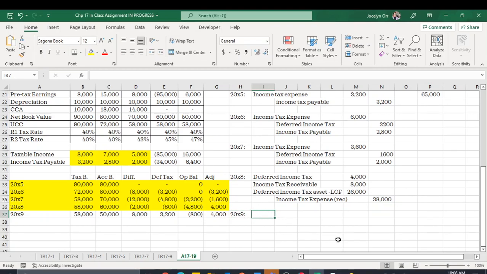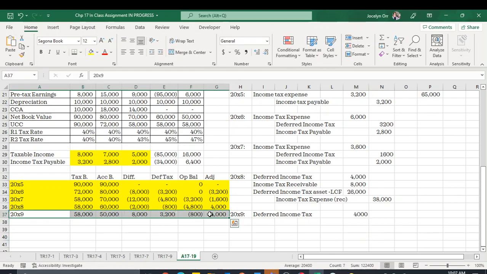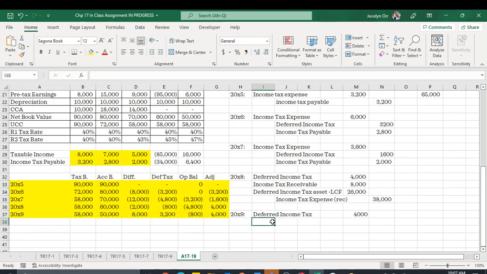In 20x9, again, we know that we have a deferred income tax amount, a credit for $4,000. Okay, so that came from our table. Now we don't have, sorry, we used up this as well.